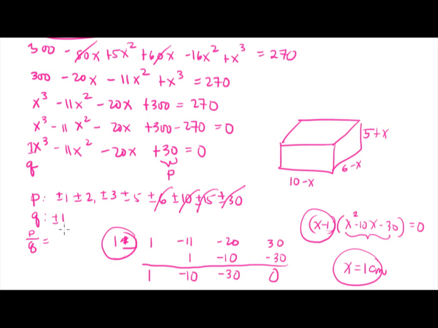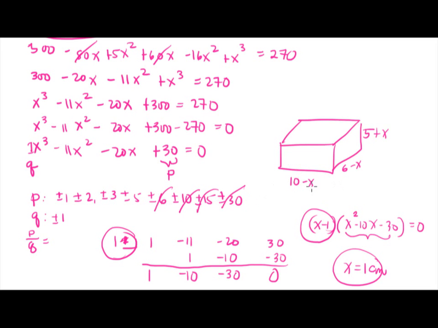It just so happened that q is equal to 1, so p over q will be the same as p. Sometimes q is not 1, so you really have to divide each p by the q. Then we try each number, so we copy the coefficients of the polynomial and then we try each number. Again, we made some restrictions because some numbers are not practical to be considered in the synthetic division.